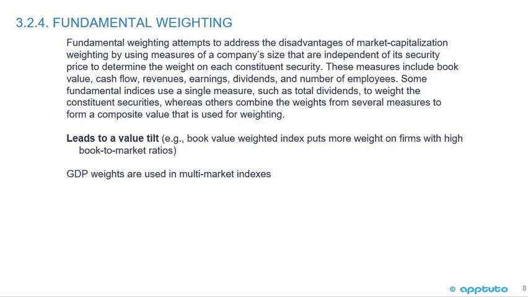Some fundamental indices use a single measure, such as total dividends, to weight the constituent securities, whereas others combine the weights from several measures to form a composite that is used for weighting. Fundamental weighting, though, can lead to a value tilt. For example, the book value weighted index puts more weight on firms with high book-to-market ratios. And GDP weights are also used in multi-market indices.